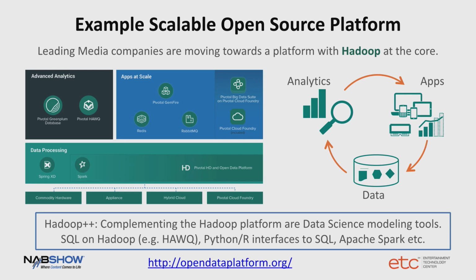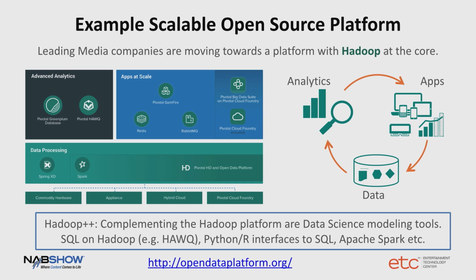But Hadoop alone is not going to cut it for you. If you ask any data scientist what their favorite paradigm of writing data science models is, they're not going to say MapReduce is my favorite paradigm. A lot of them will say, I like Python, I like R, I like Scala, and all the libraries which come with those languages. So we call this the Hadoop++ ecosystem.